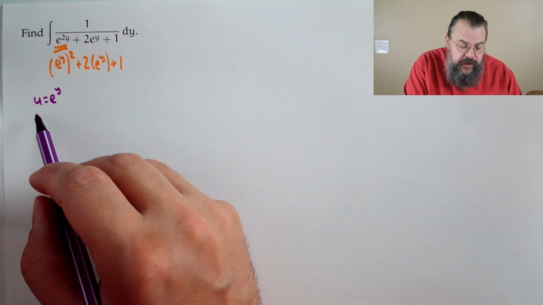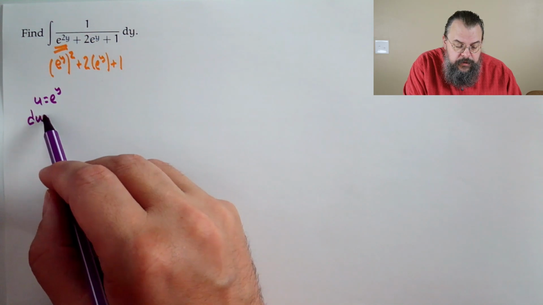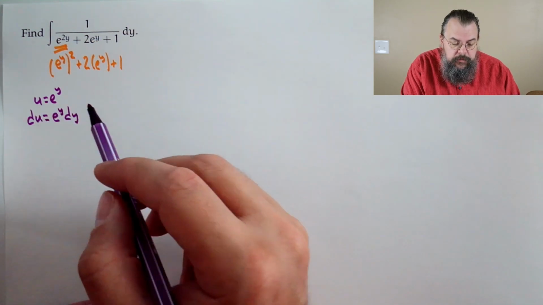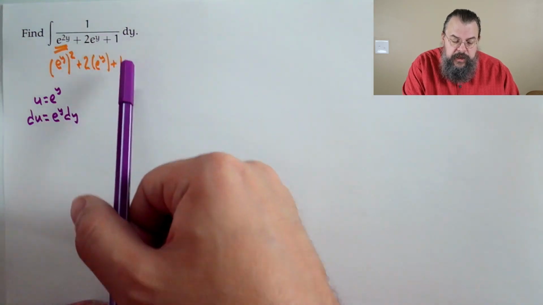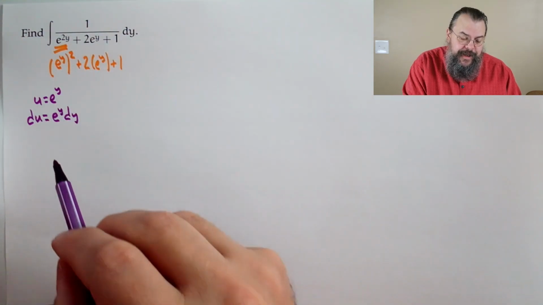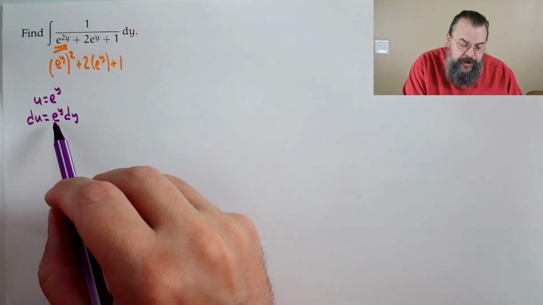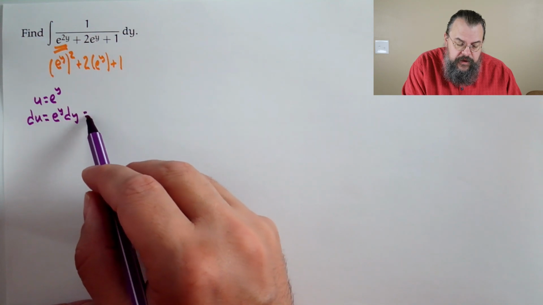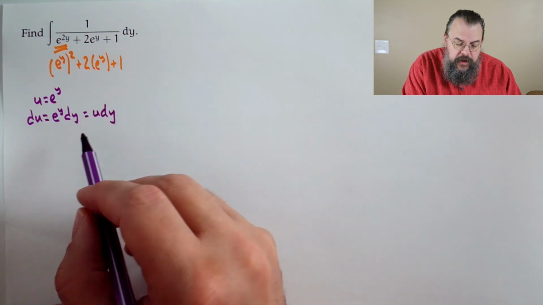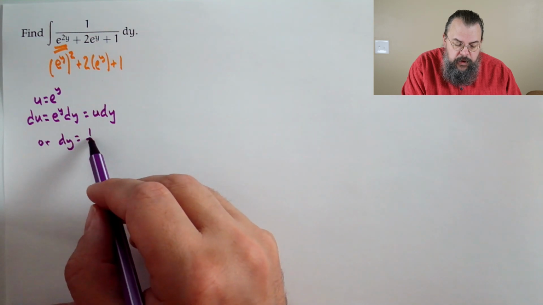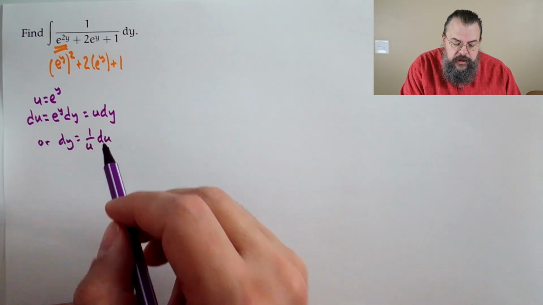Well, we'd have to say that du would be what? Well, it would be e to the y dy. But there is no e to the y dy. But that won't stop us. We say, okay, hey, we know what e to the y is. E to the y is u, so this is u times dy. Or, put another way, dy is 1 over u du.